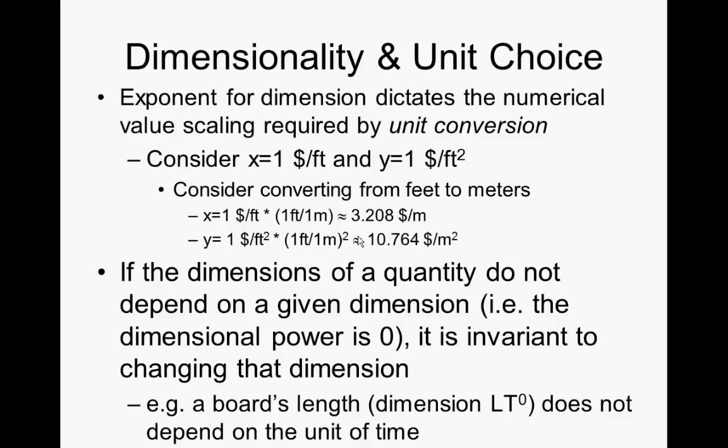The dimensions of a quantity do not depend on a given unit. In other words, we may have in our model dimensions of length, of time, of person, and of dollar.